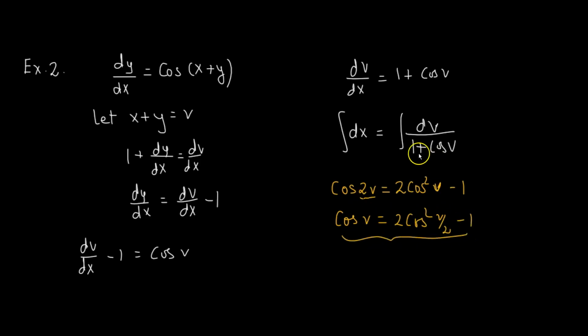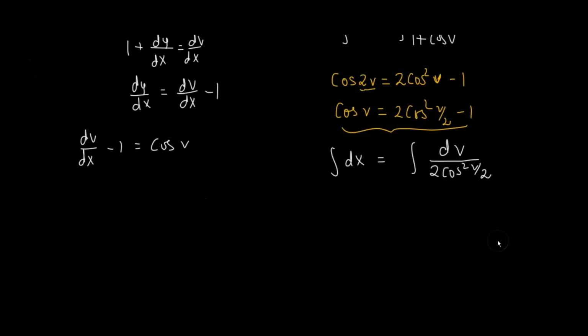So we'll use this and replace 1 plus cosine of v, which gives us integration dx equals integration dv divided by 2 times cosine squared v over 2. So integration of dx is simply x, equals half integration of 1 over cosine squared v over 2, which is simply secant squared v over 2 dv.